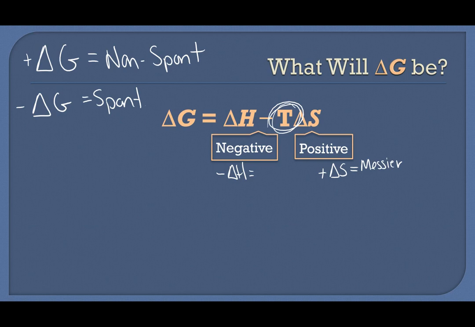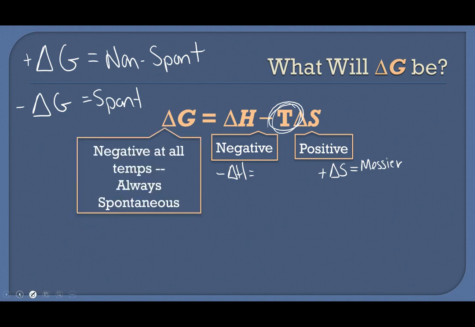This will always be a spontaneous reaction. So delta G will be negative at all temperatures. It will always be spontaneous.